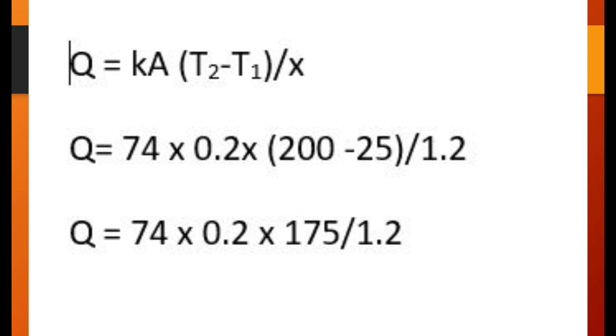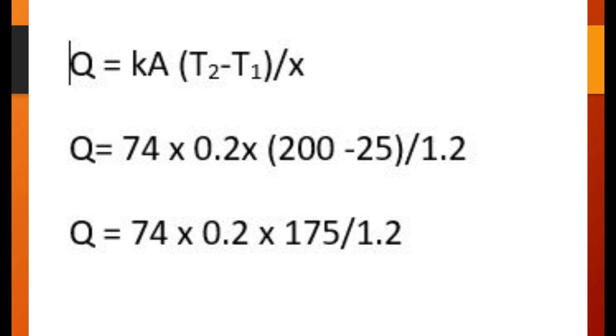So if we supply all those values here, that would mean 74 times 0.2 times (200 minus 25) in brackets, divided by 1.2. Now a lot of students would get this wrong here.